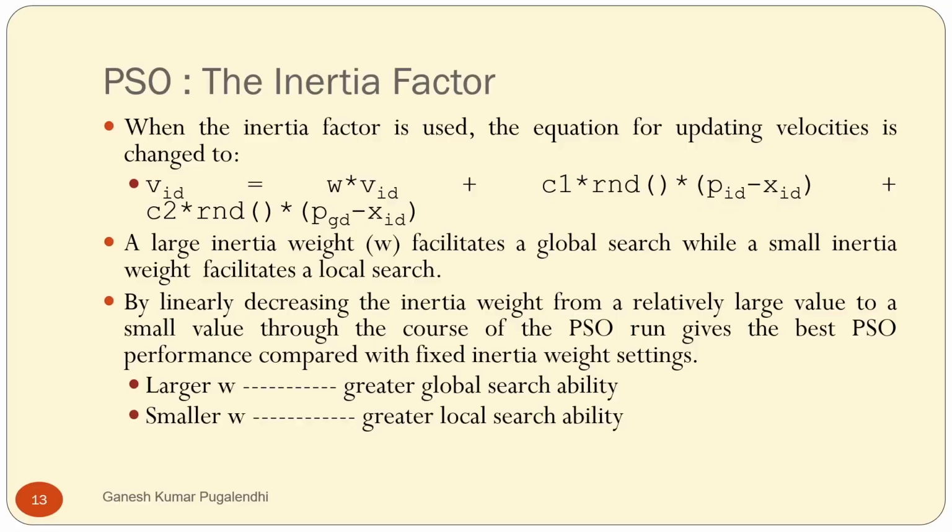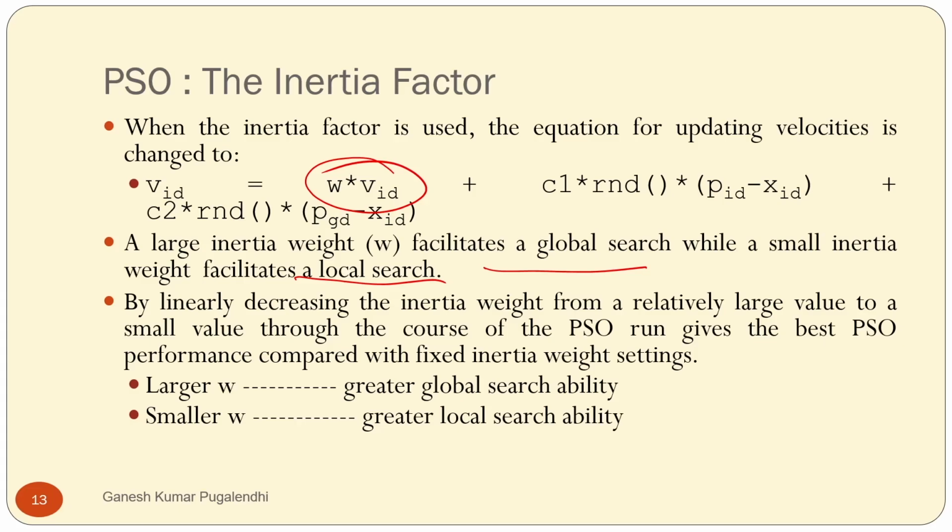So what is that inertia factor? When the inertia factor is used, the equation for updating velocity is changed to W times V_id. A large inertia weight will facilitate a global search and a small one a local search. So now exploration and exploitation have a balance. When W is a large value, global search is very effective.